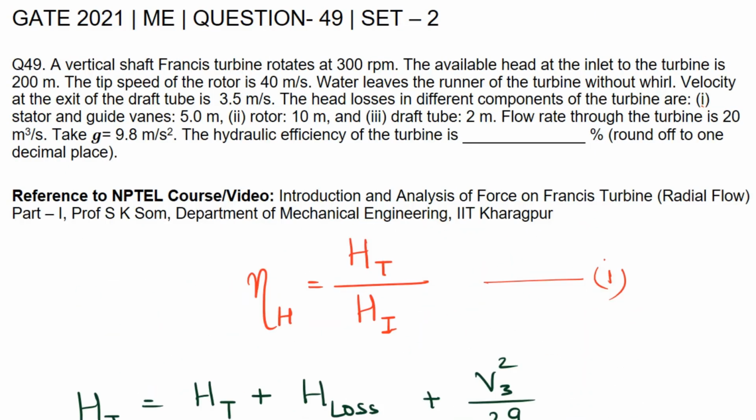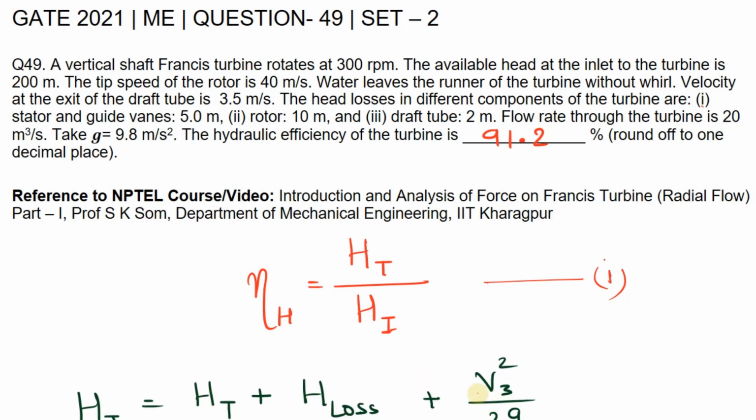Let's go back to the problem and fill in the blank. So the hydraulic efficiency of the turbine is 91.18. We need to round it off to 1 decimal place, so we can write 91.2%.